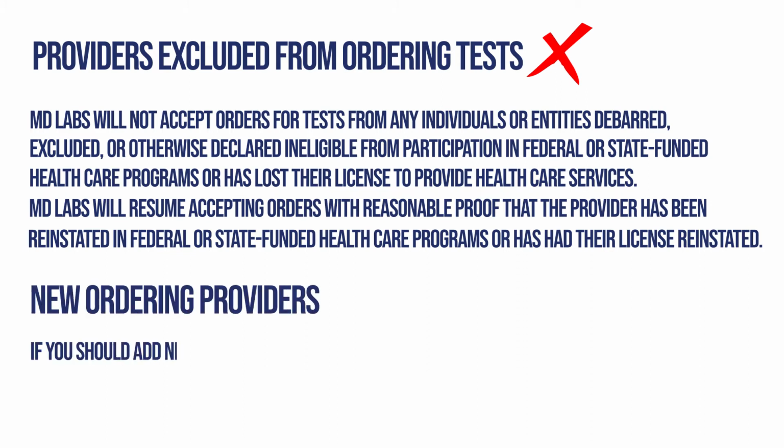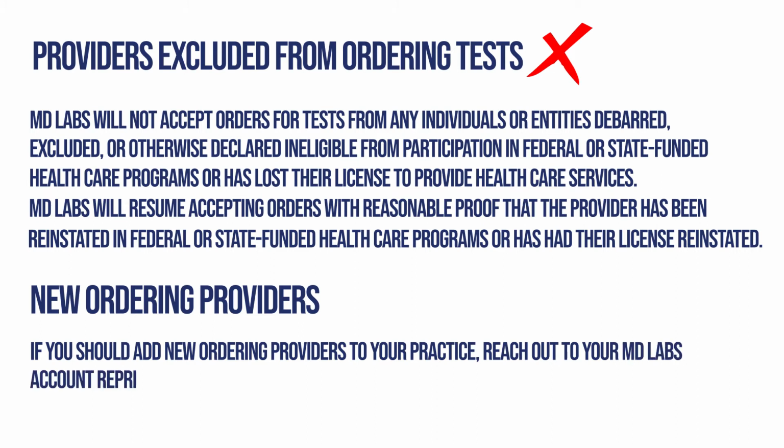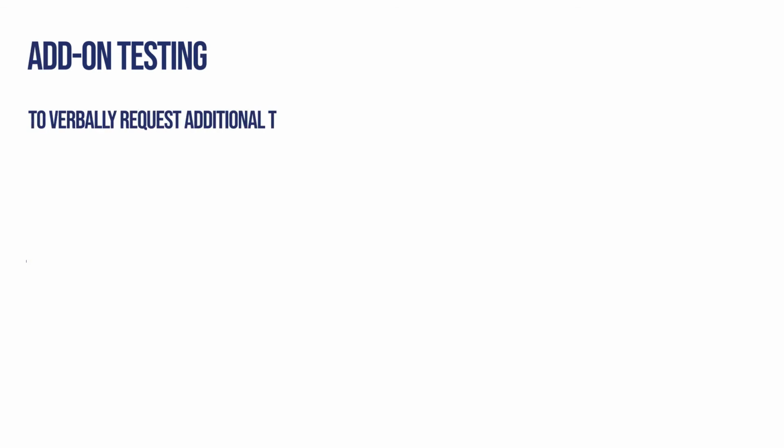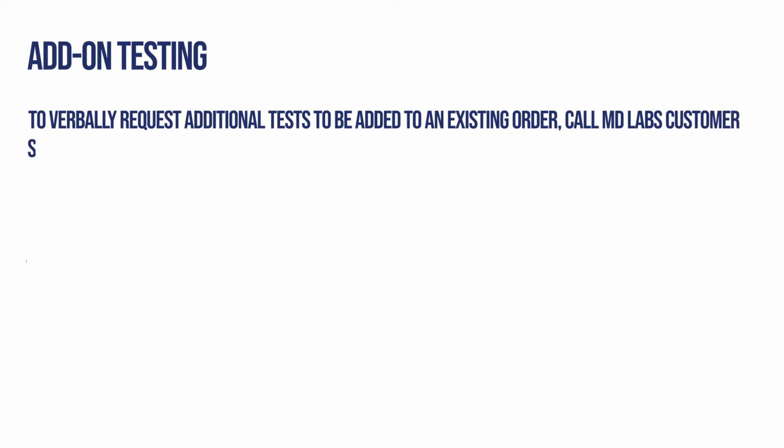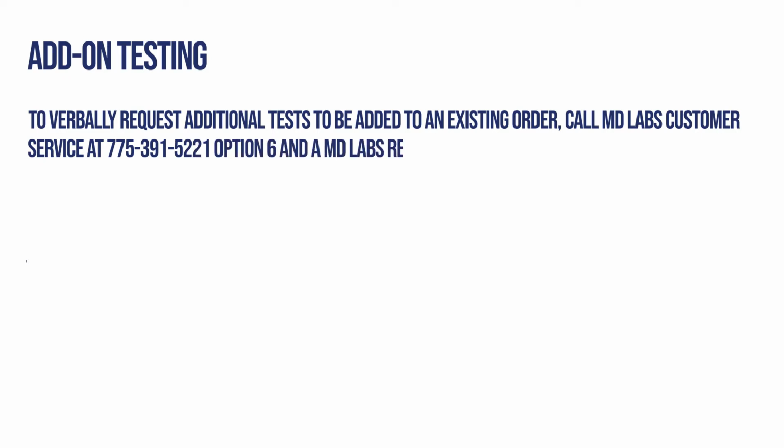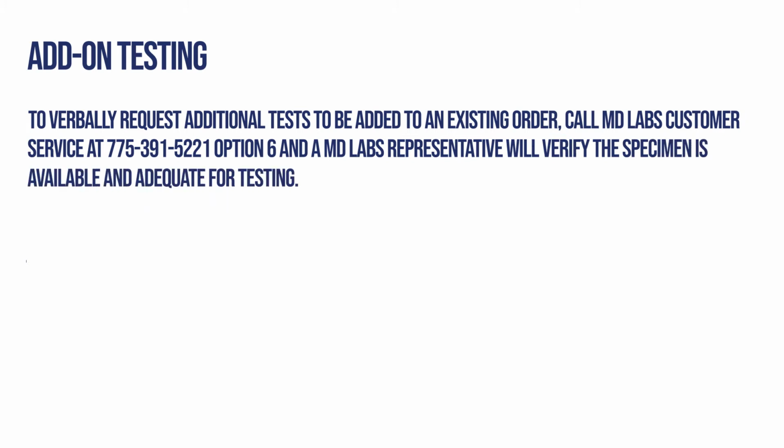If you should add new ordering providers to your practice, reach out to your MD Labs account representative to have that person added to your account. To verbally request additional tests to be added to an existing order, call MD Labs Customer Service at 775-391-5221, option 6, and an MD Labs representative will verify the specimen is available and adequate for testing.